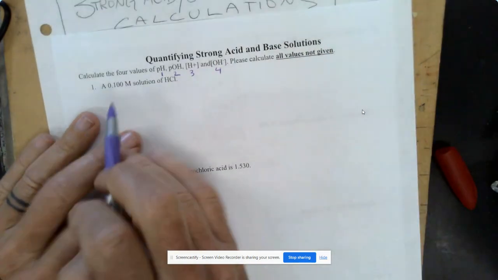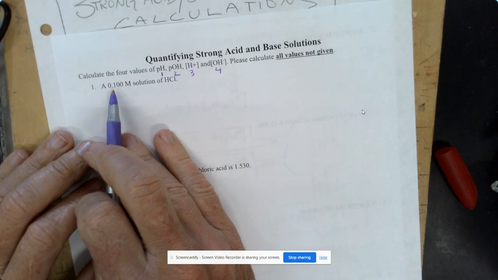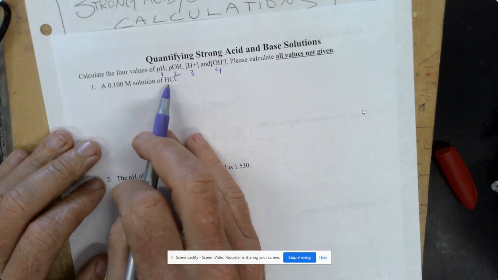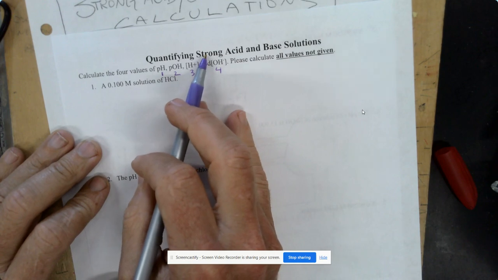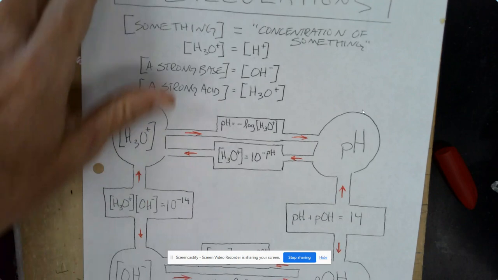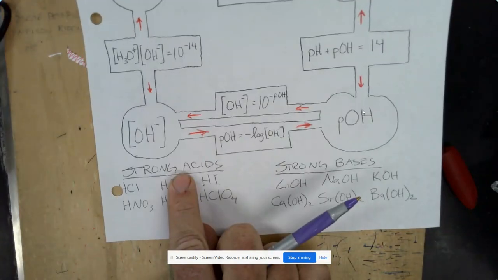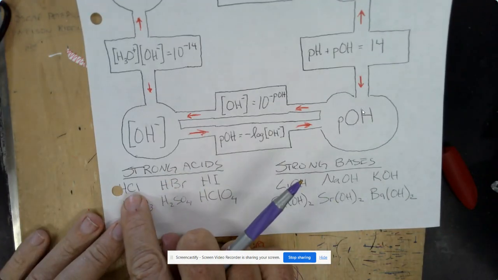Okay, problem number one. A 1/10 molar solution of hydrochloric acid. Well, hydrochloric acid is a strong acid. I know it's a strong acid because I have a list of strong acids down here, and hydrochloric acid is on it.